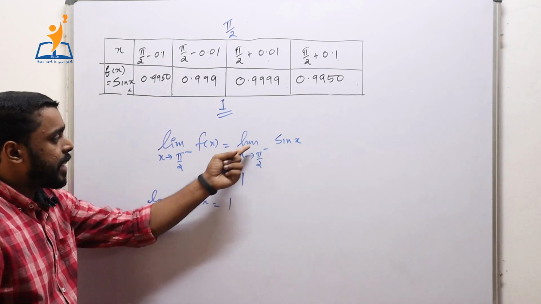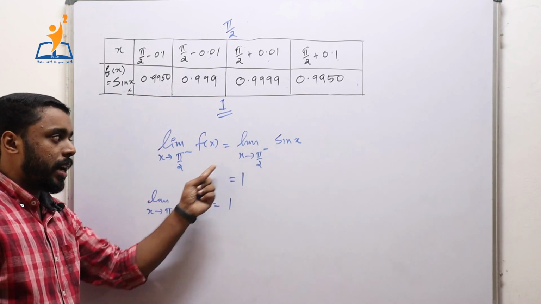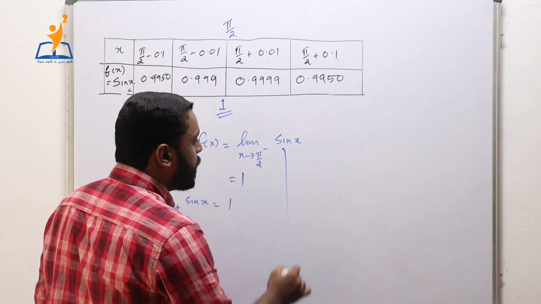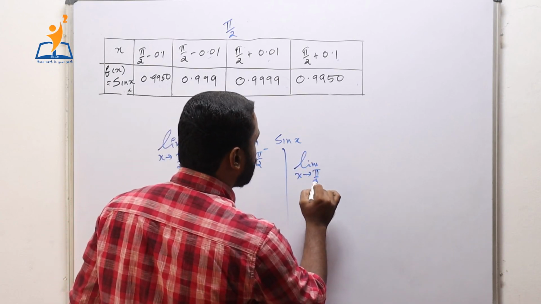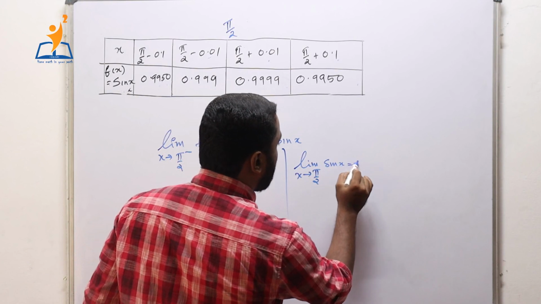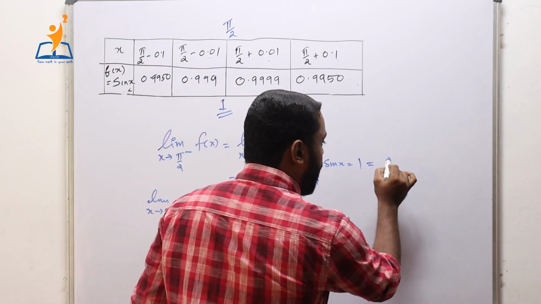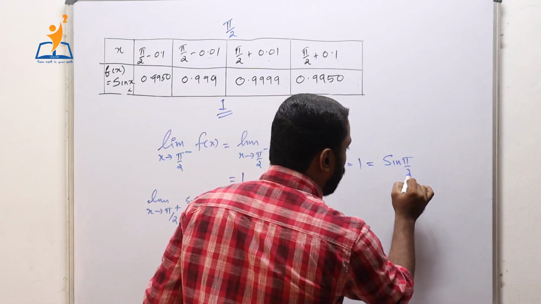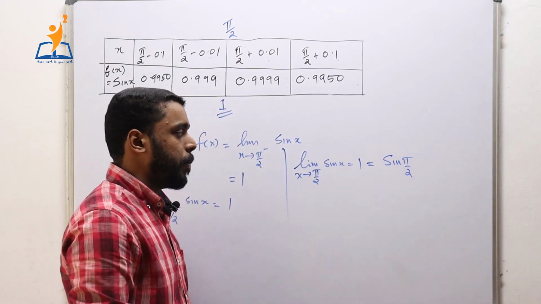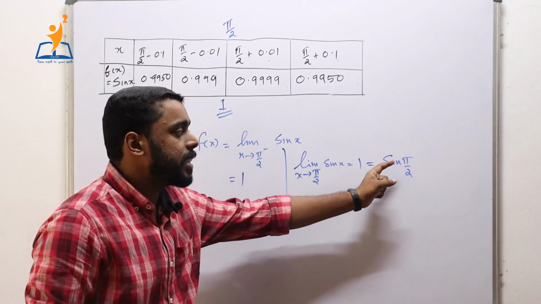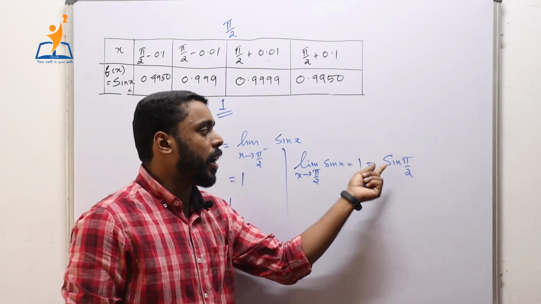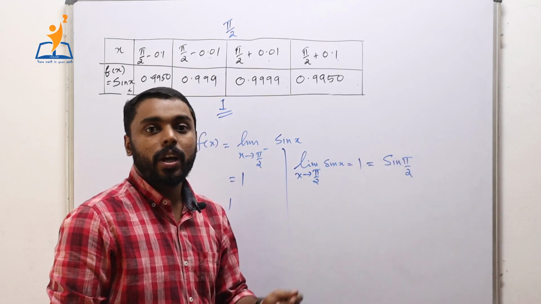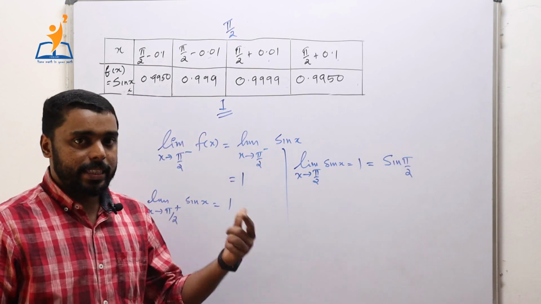Hence we can say that the right hand limit as well as the left hand limit are the same. Hence limit x tends to pi by 2 of sin x is nothing but 1, which is the value of sin x at the point pi by 2. Hence we can see that the limit value is nothing but the value of the function at the point pi by 2. So we can move to the next example.